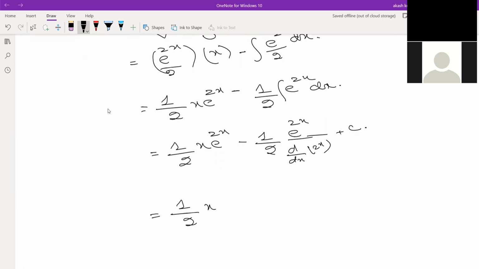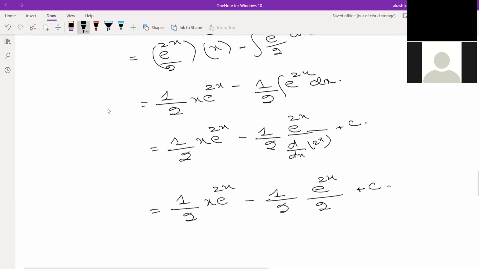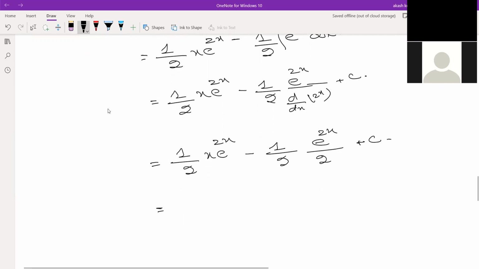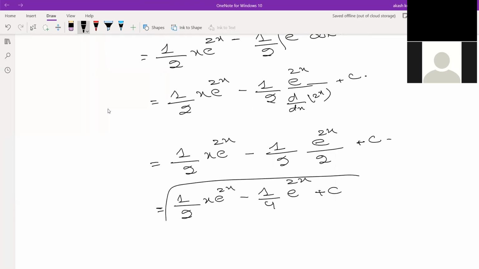So half x e raised to the power 2x minus half e to the 2x divided by 2 plus c. It becomes half x e to the 2x minus 1 over 4 e raised to the power 2x plus c. This is the answer. Is it clear to you?